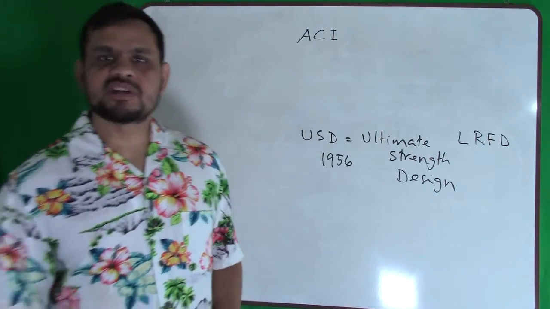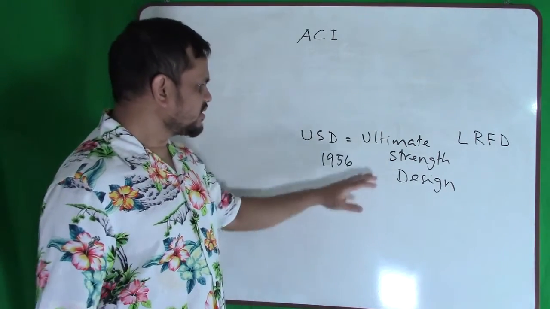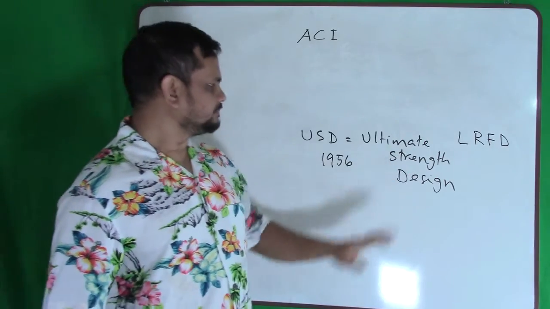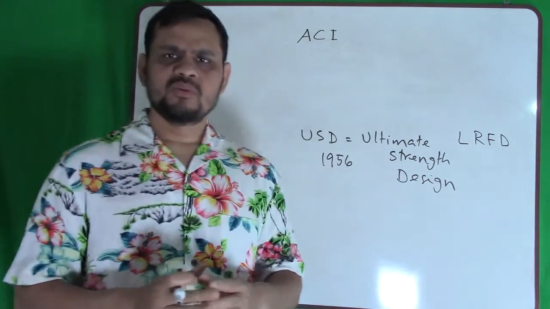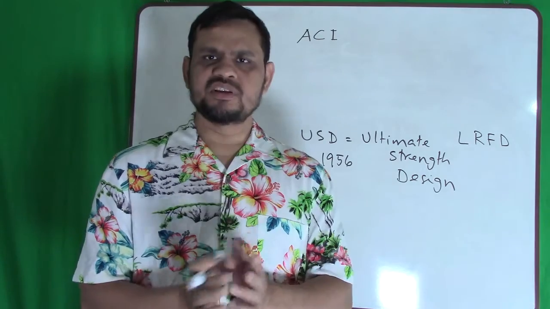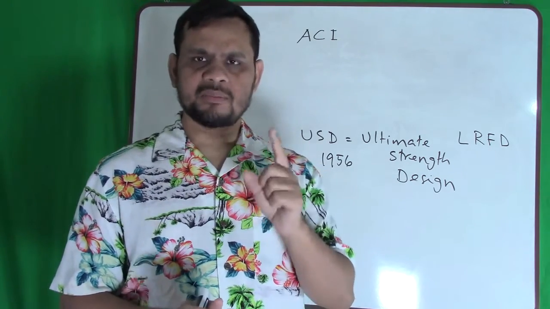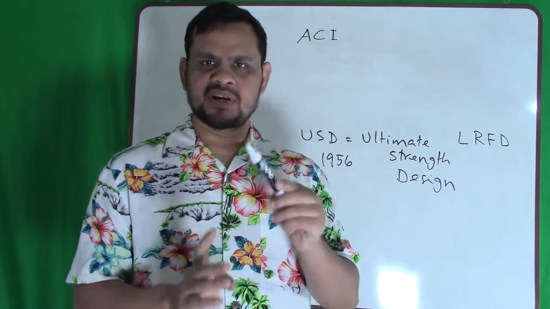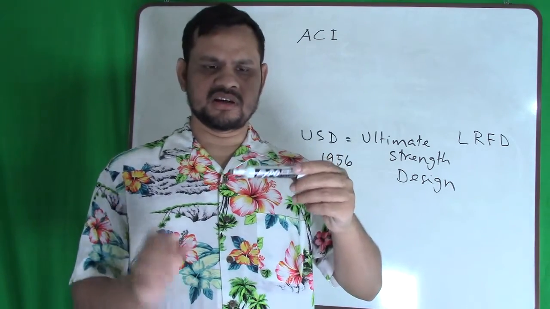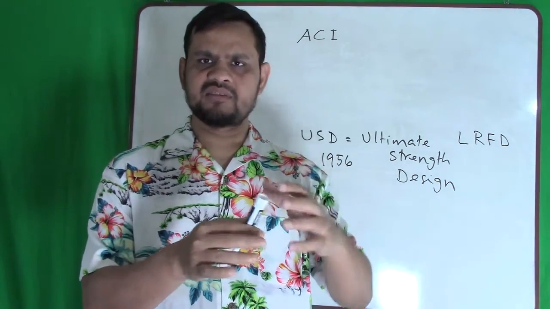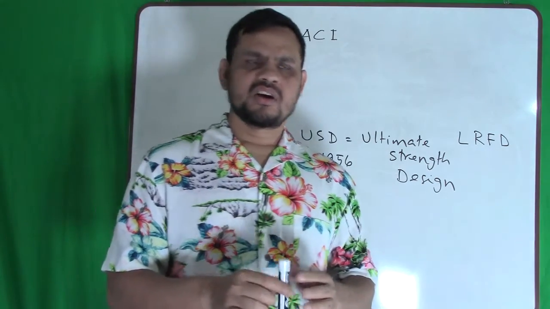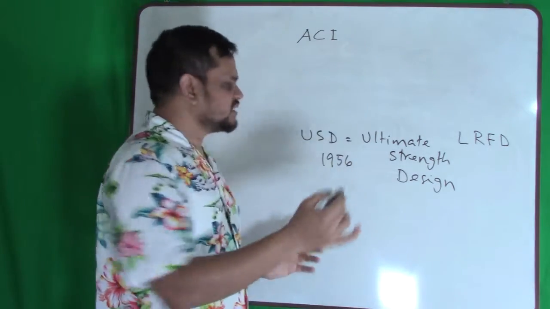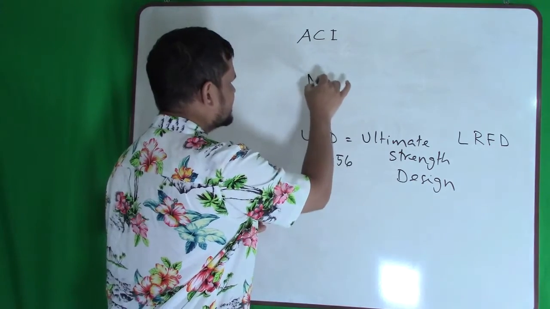What do we do here? USD is ultimate strength design. The concept of this method is that we will use our safety in two ways. Number one: whatever the capacity of the material, say I take it to the laboratory, test it, and it fails at 20. Let us give a name.